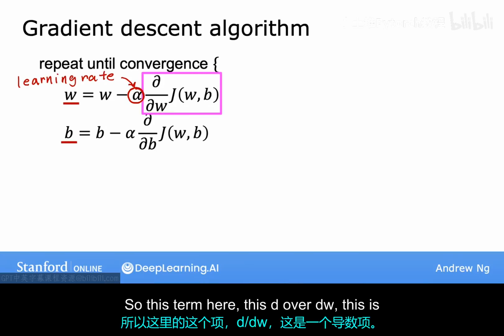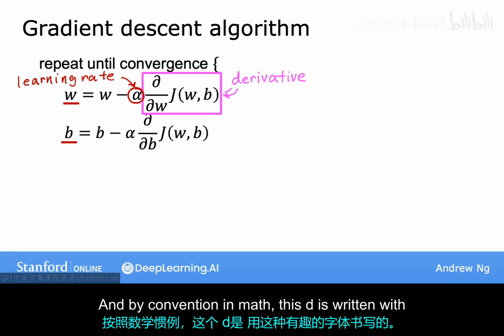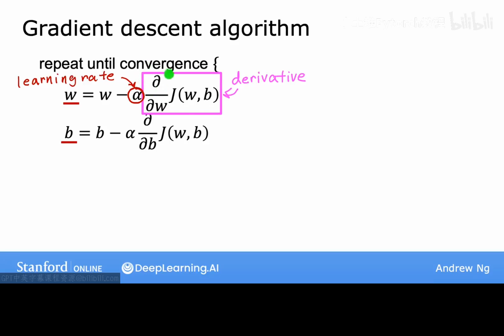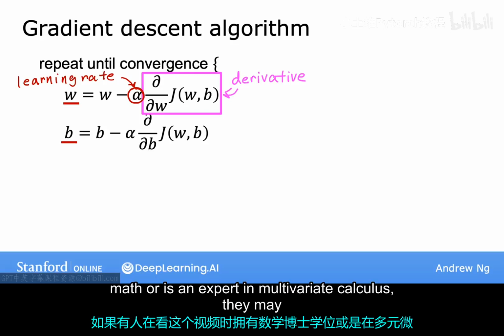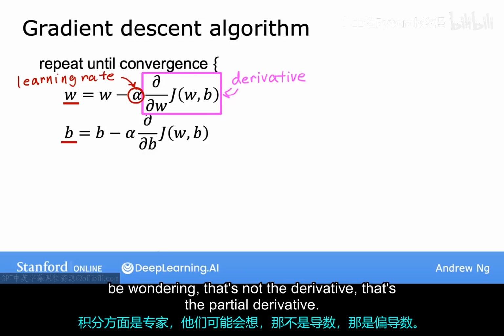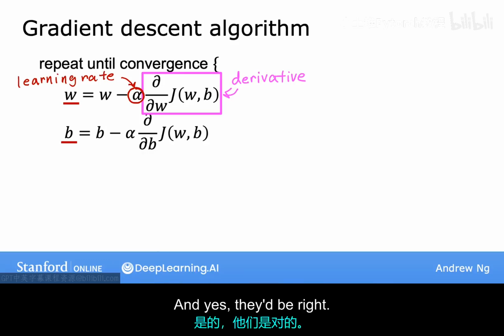So this term here, this d over dw, is a derivative term. And by convention in math, this d is written with this funny font here. And in case anyone watching this has a PhD in math or is an expert in multivariate calculus, they may be wondering, that's not the derivative, that's the partial derivative. And yes, they'd be right.